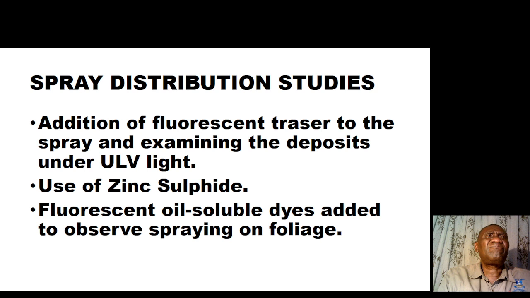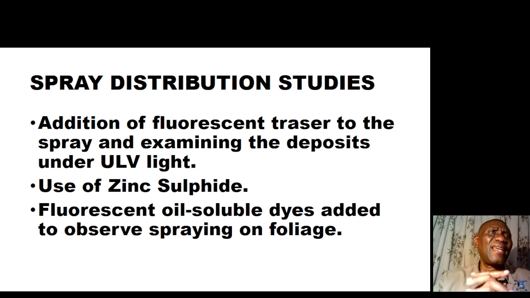Now, there could be spray distribution studies trying to see how the droplets are distributed when they are coming from the nozzle. In order to aid such studies, some coloring material may be used. We may add a fluorescent tracer to the spray and examine the deposits under ultraviolet light.